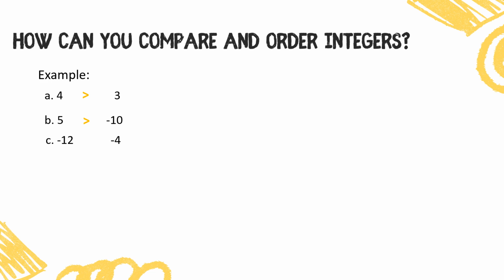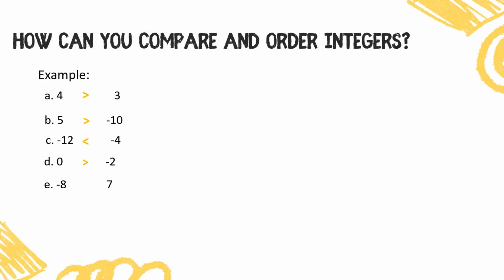Another one. Minus 12 and minus 4. Which is greater? Excellent. Minus 4 is greater because it is further to the right. Okay. The next one, 0 and minus 2, which is greater? Excellent. 0 is greater because it is further to the right.